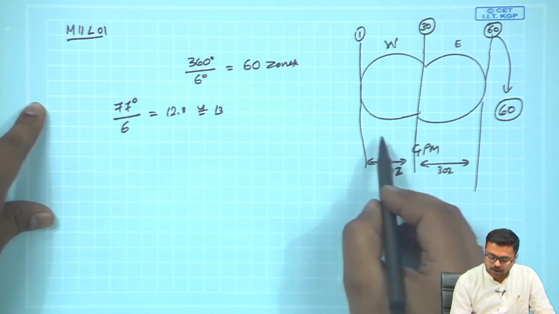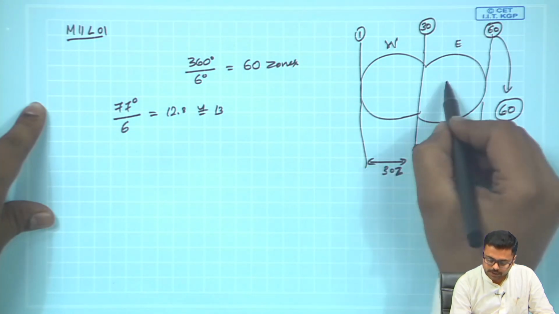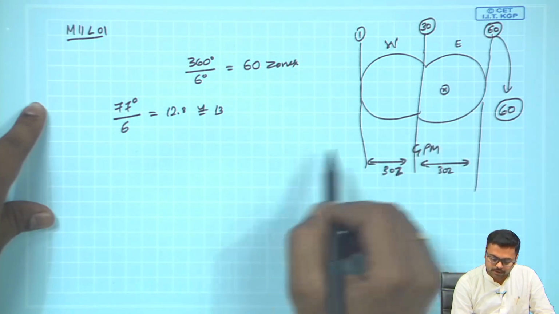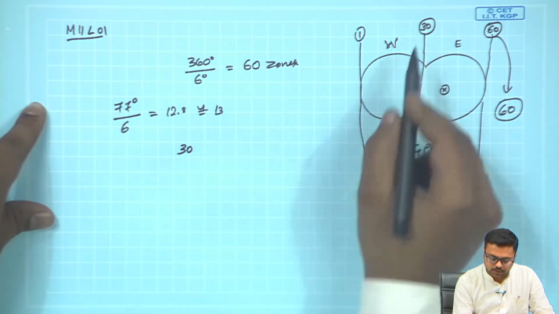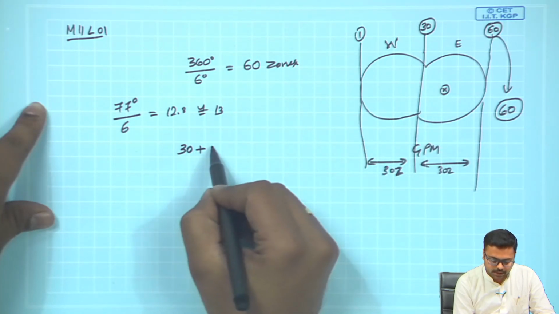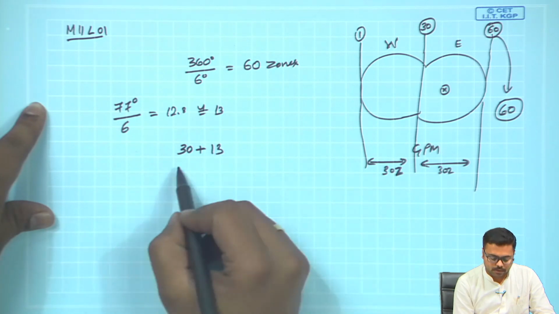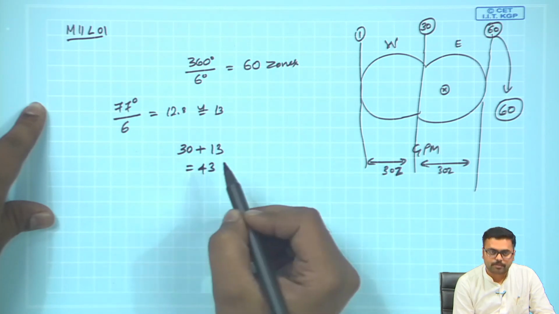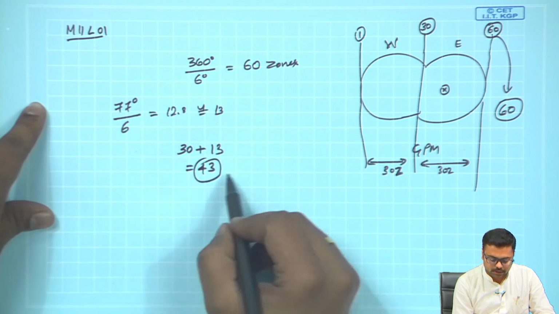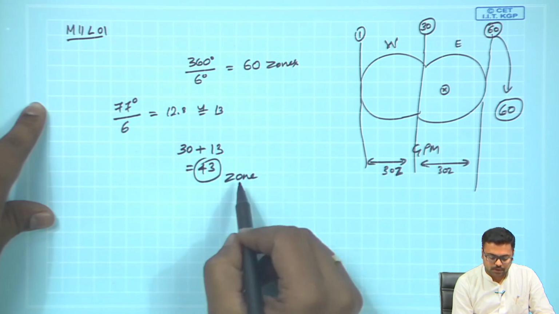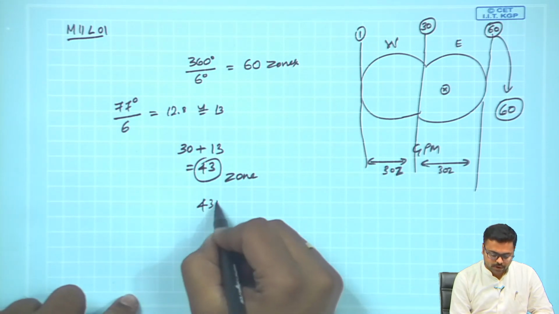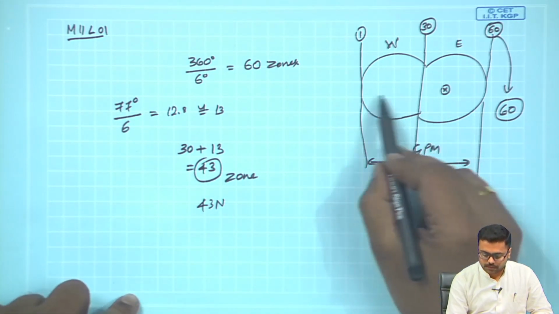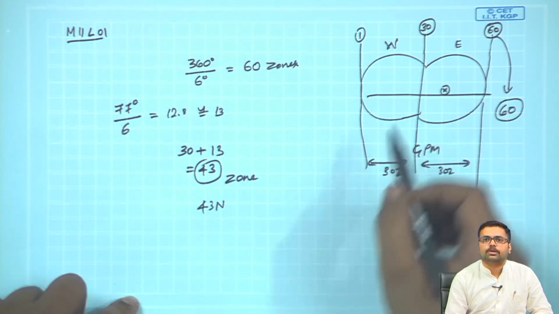Since we already have 30 zones to the west, Bangalore is somewhere here. So, you just need to add 30 zones till the Greenwich prime meridian plus 13. This is nothing but 43. So, this is the UTM zone of Bangalore, that is 43 north. North because we are in the northern hemisphere from the equator.